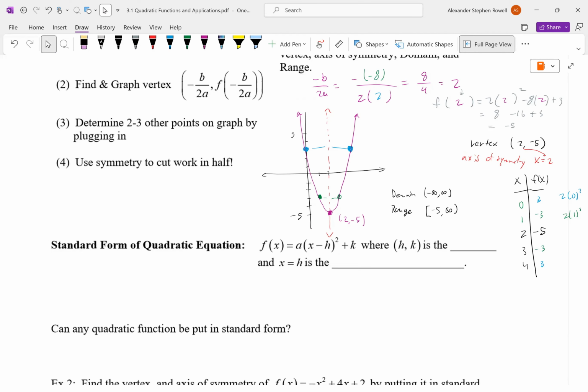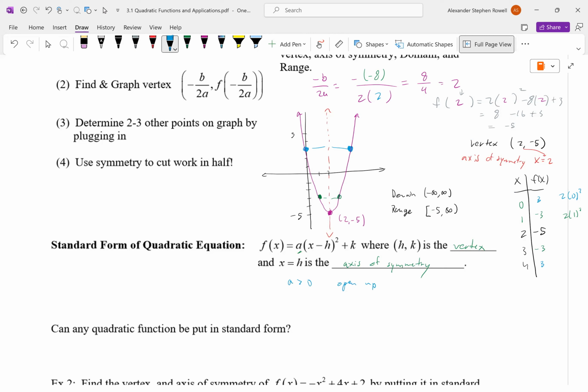Standard form of a quadratic equation would be if we complete the square, then we can always put it in this form where you factor out the a first, and you'll have a times x minus h squared plus k, where (h, k) is the vertex and x equals h is the axis of symmetry. Okay, so once again, what if a is positive?